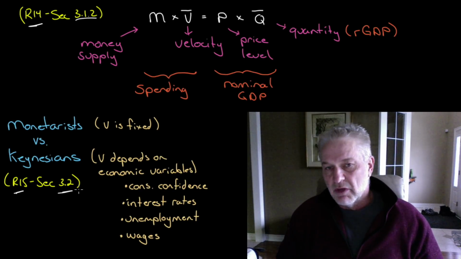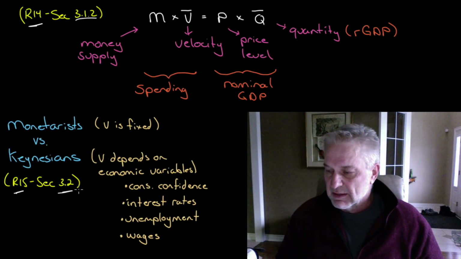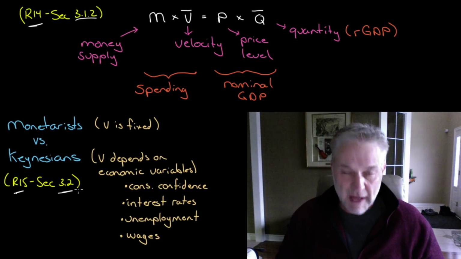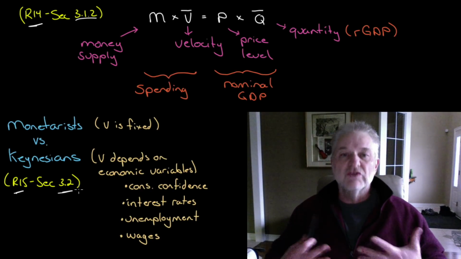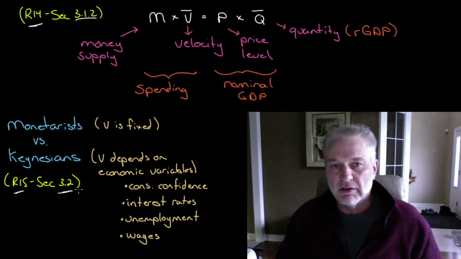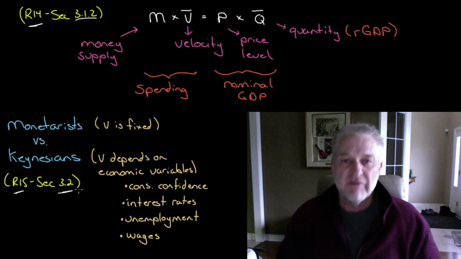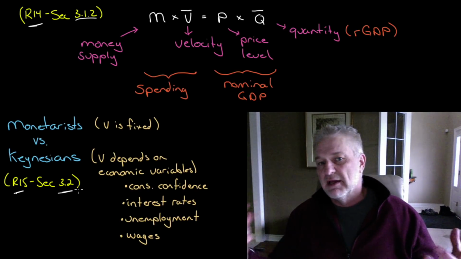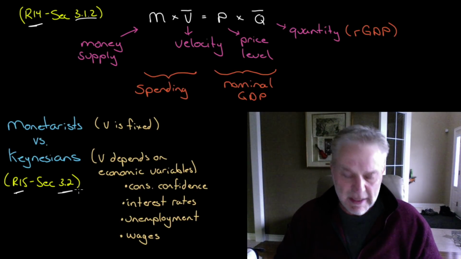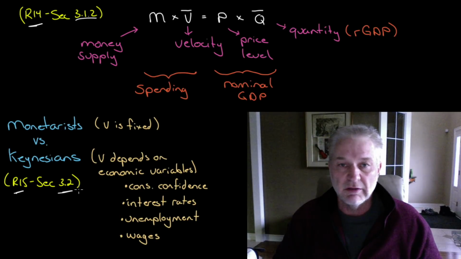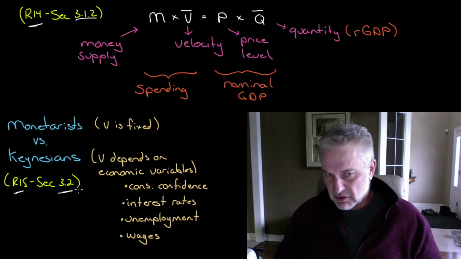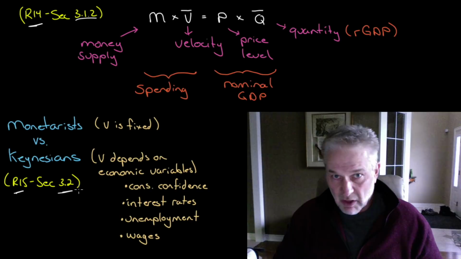We don't judge a model by its coherence with reality. We judge a model by its usefulness. Is this a useful model in which to think about inflation, in which to think about some big variables like money supply and inflation? And it turns out that this is a very useful model. There is no disagreement on the model itself.